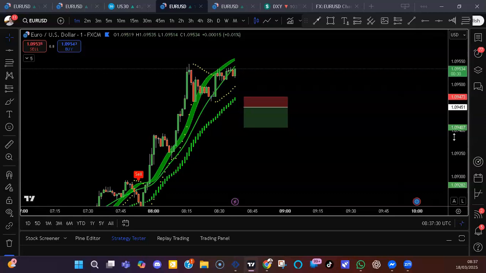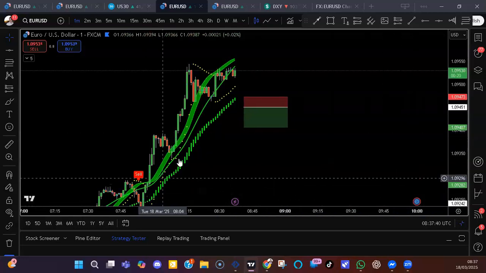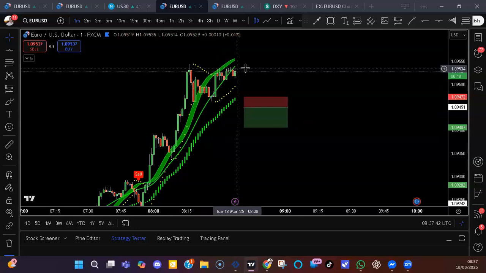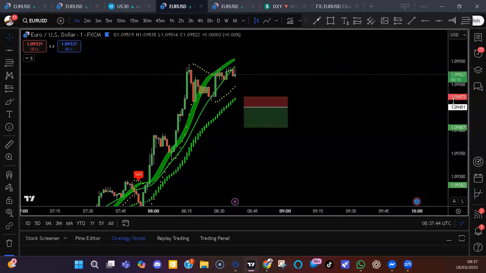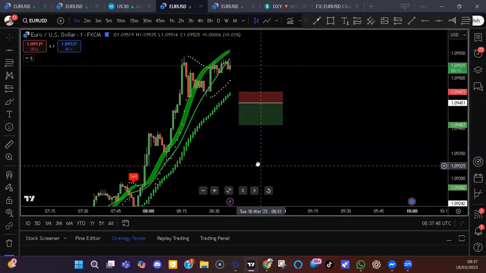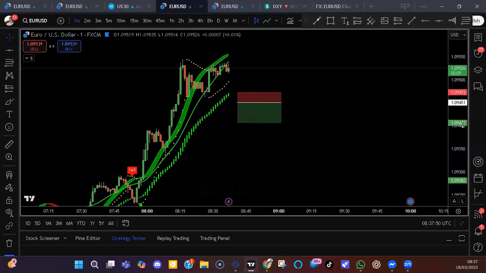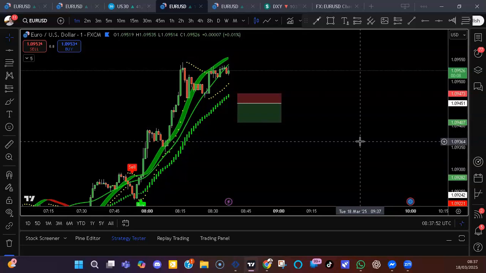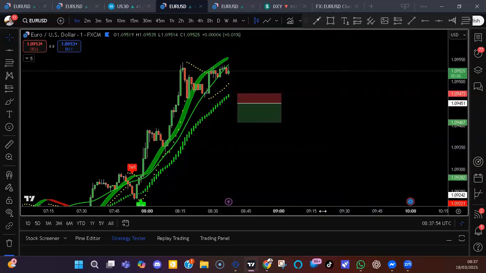Even though you're on demo, I want you to treat it like real money and be as focused as possible. Just like you're giving yourself the best chance of price going into the sell zone, give yourself the best chance mentally to make sure you can maintain 100% focus on what you're doing.